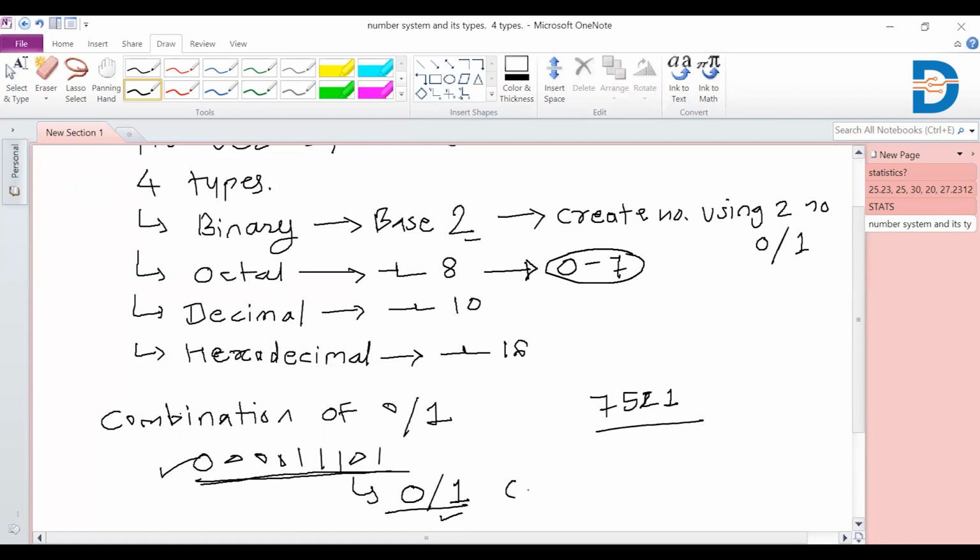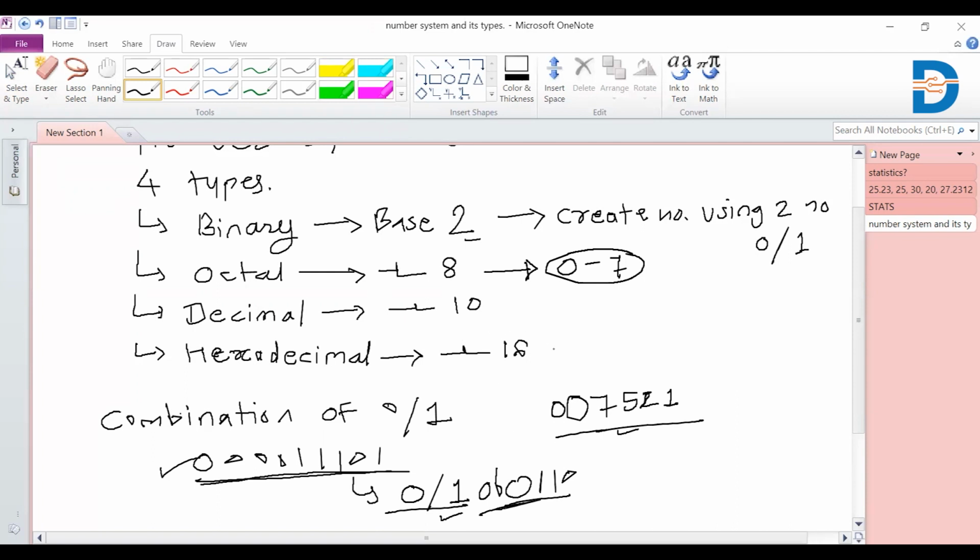So how do I consider that 0, 1, 1, 0 is my binary number and this is my octal number? In that case, we are going to use 0o and here 0b. If this is my octal number, it has 0o, and if it has 0b, it is my binary number.